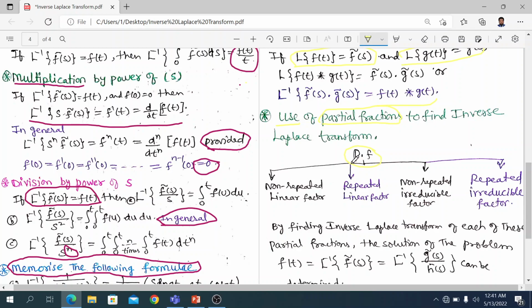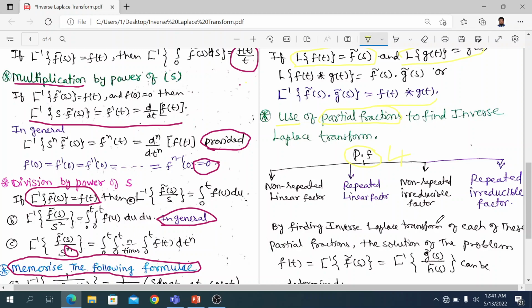In general there are 4 types: non-repeated linear factor, repeated linear factor, non-repeated irreducible factor, and repeated irreducible factor. First we will find the partial fractions, then we will solve the inverse Laplace transform.